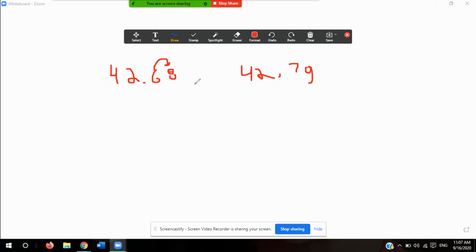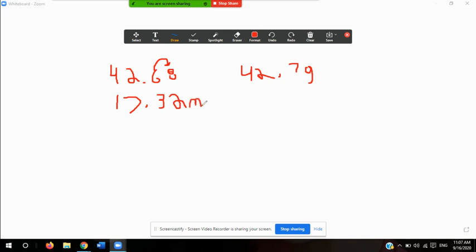Now, the second rule, again, is a very common rule, and it says that if the last significant digit is a number less than 5, and if I have like 17.32 meters, and the last significant digit is the 2.